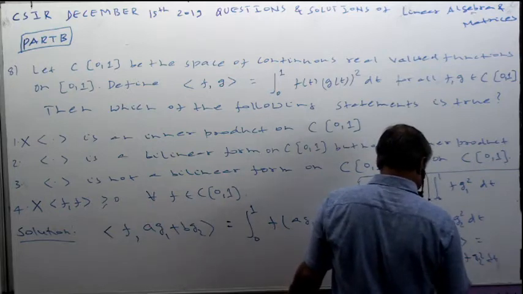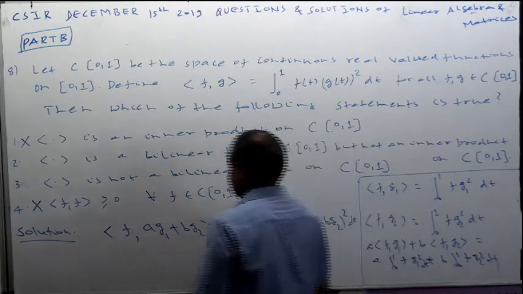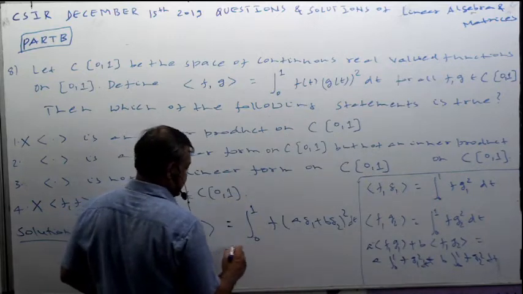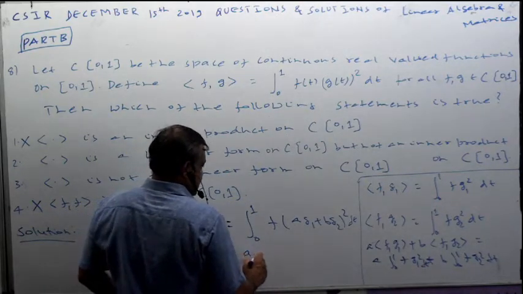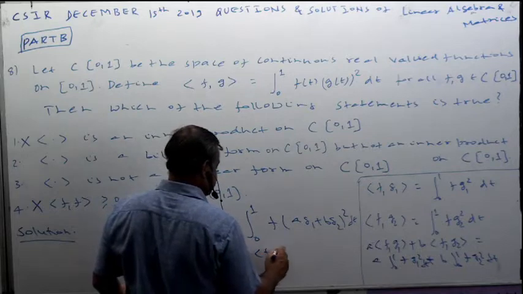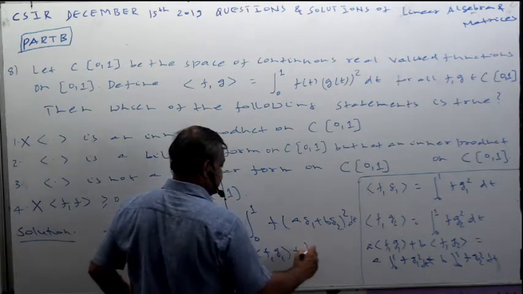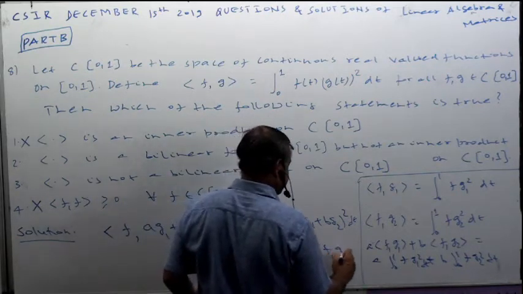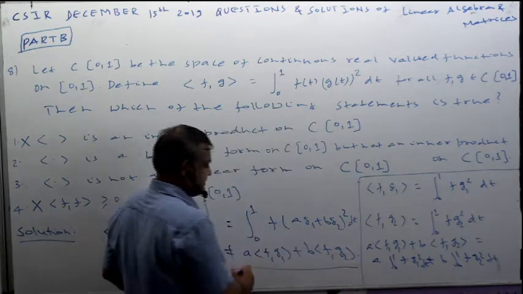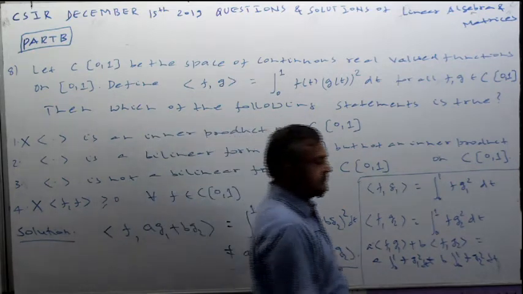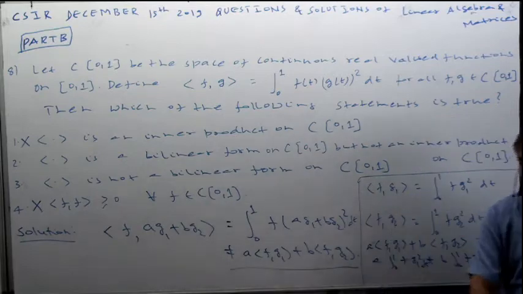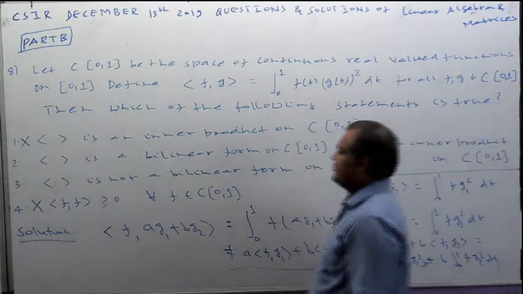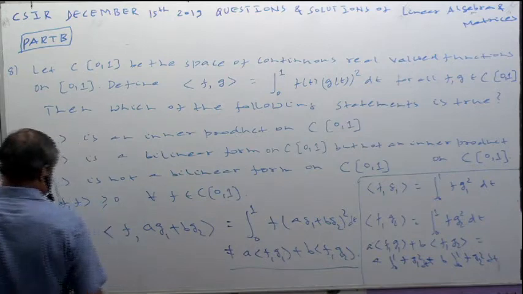Please, in examination hall, don't waste time. Just write that this is not equal to a times ⟨f, g1⟩ plus b times ⟨f, g2⟩. I hope you are pleased. So this is not a bilinear form.